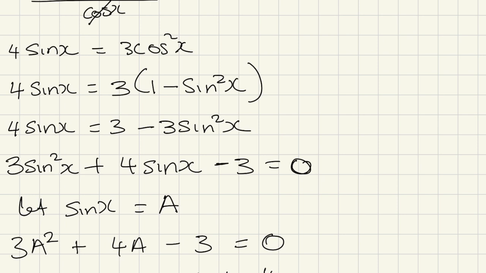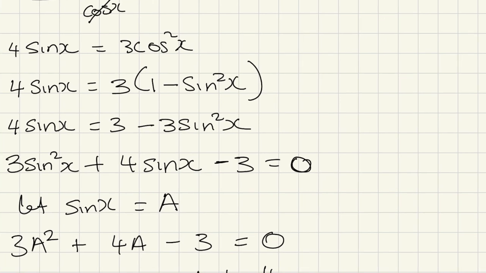If you remember the quadratic formula, it's going to look like so: a is going to be minus b plus or minus the square root of b squared minus 4ac, over 2a. And don't get confused with this big A. This is going to be a, this is going to be b, this is going to be c.